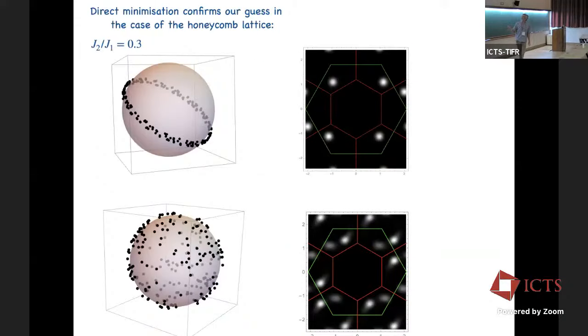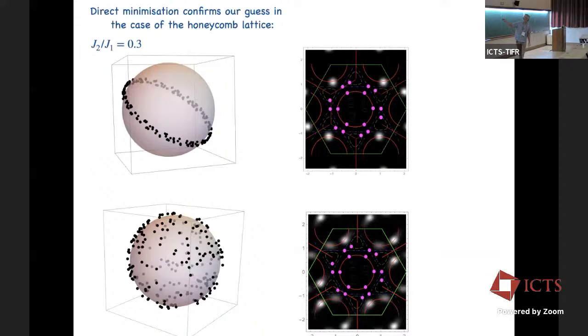If we do the minimization, for example here J2 over J1 is 0.3, we get a solution where all the spins are in a plane, and this is in full agreement with our theory. In Q space, I have superposed the Q structure of this state and the picture coming from Ganesh and other people's work, and we see that there is this peak lying on the red curve that tells us where the Q should be.